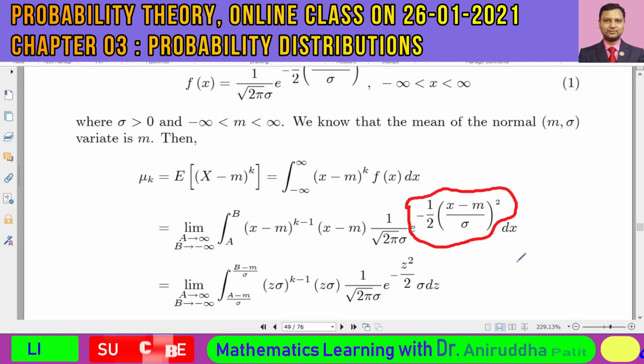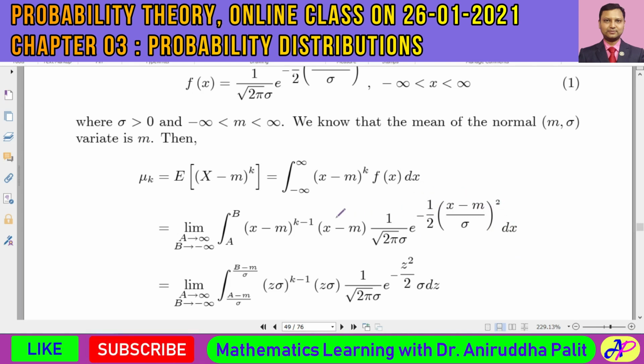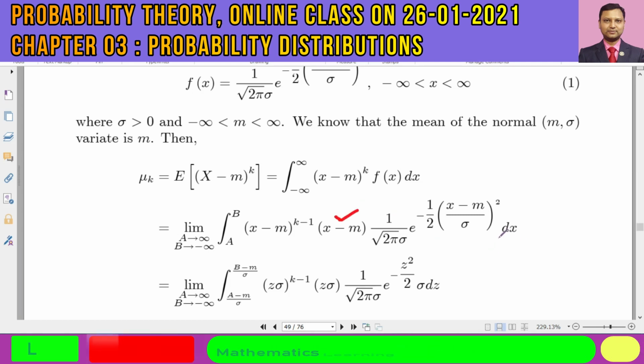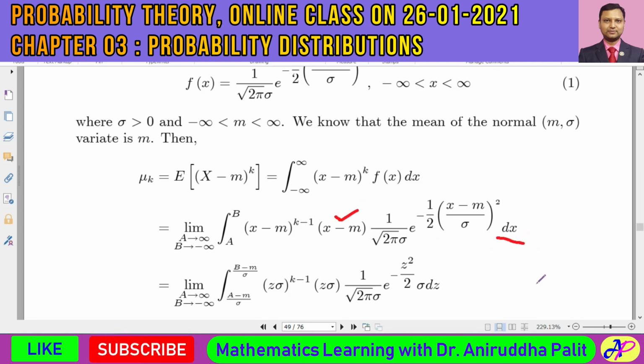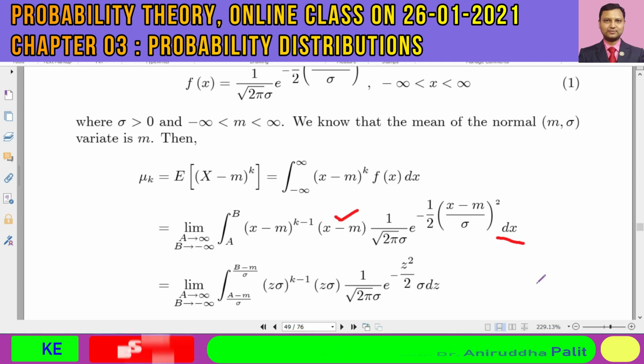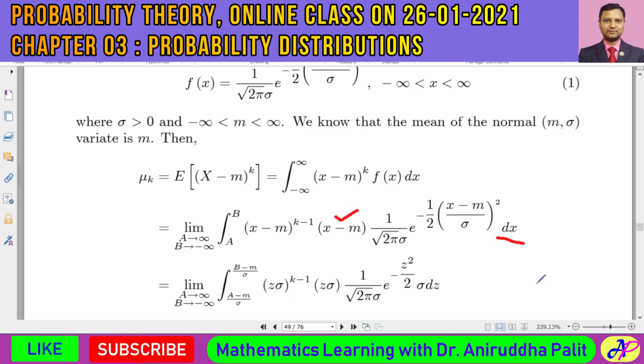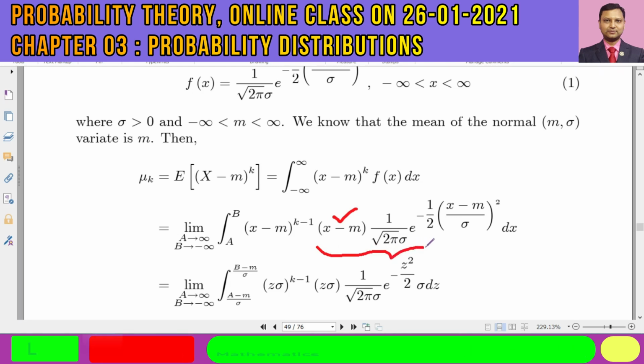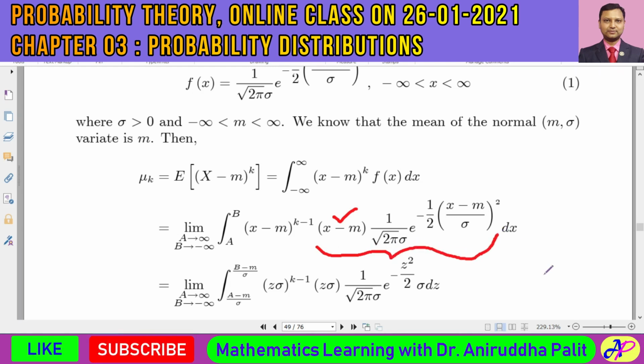In order to integrate it, you need the support of one factor, (x minus m), multiplied by this dx. Got it? And that's why I have separately kept a factor x minus m, so that the total expression can be integrated.